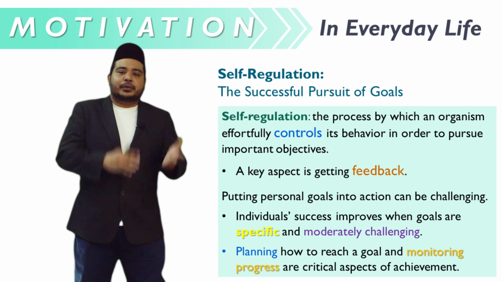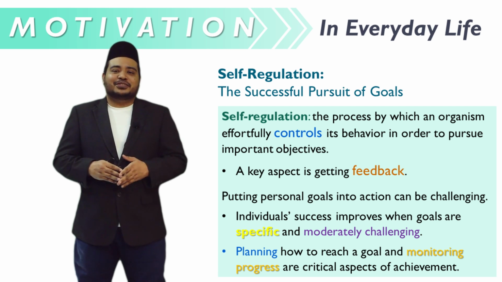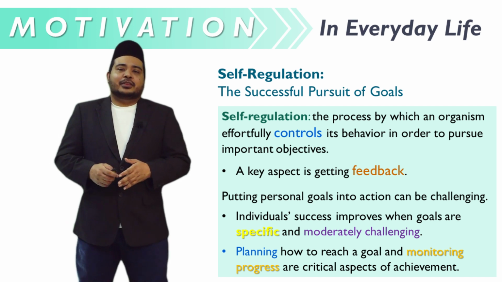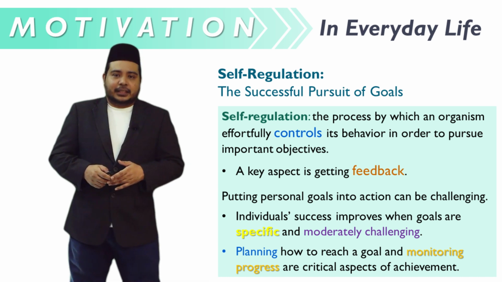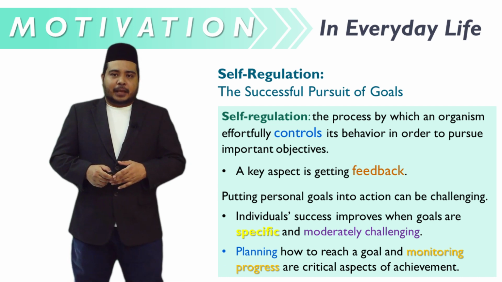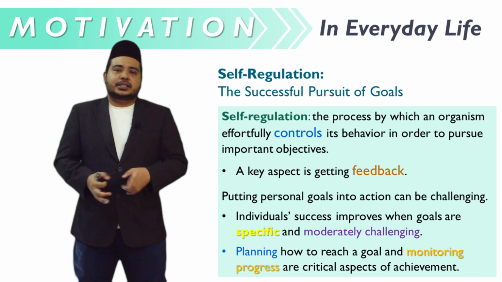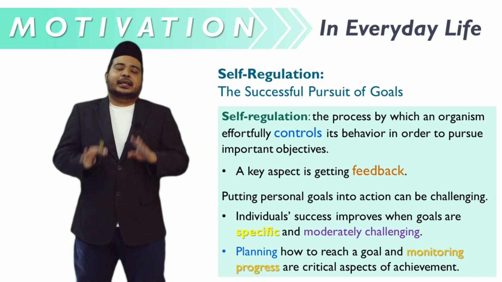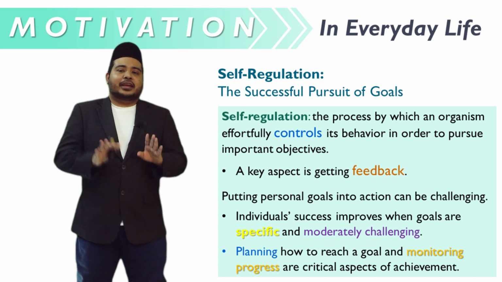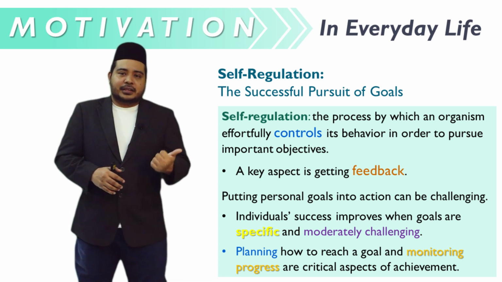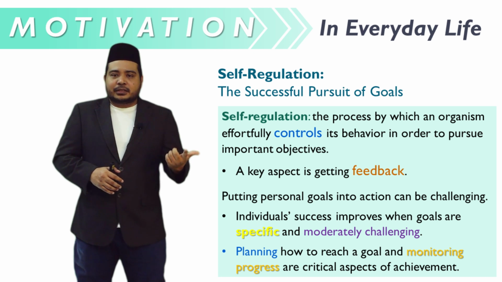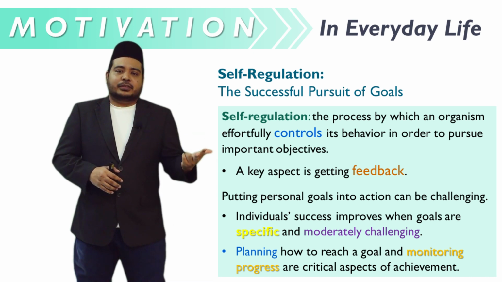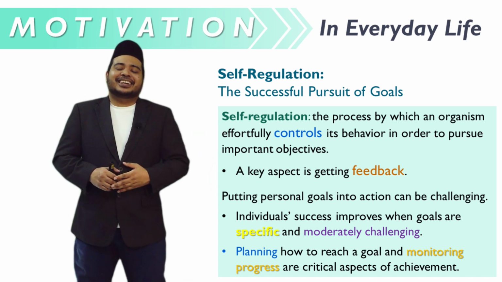Monitoring progress is a critical aspect of achievement. Those are important factors, concepts, and applications of motivation theories and principles that are applicable in our everyday life: Maslow's hierarchy of needs, self-determination theory, intrinsic and extrinsic motivation, and self-regulation.